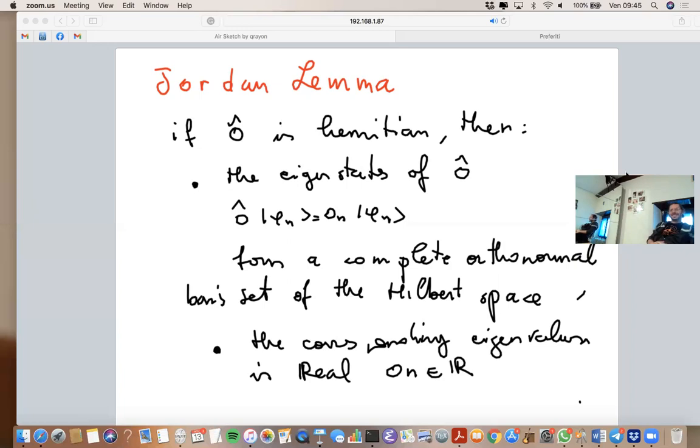Basically, what this is telling us is that in quantum mechanics, there is only one kind of operator we are really interested in, in general, with a very limited number of exceptions. And these are the Hermitian operators. We basically are only interested in Hermitian operators.